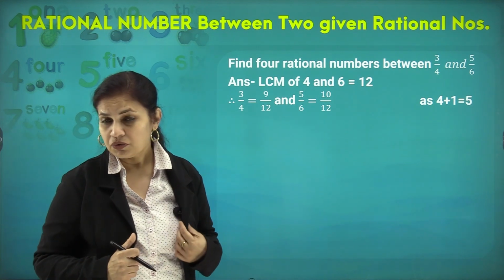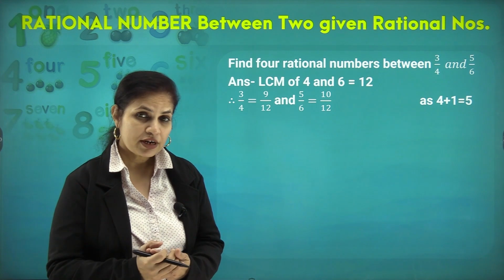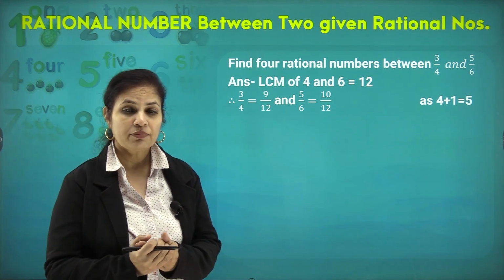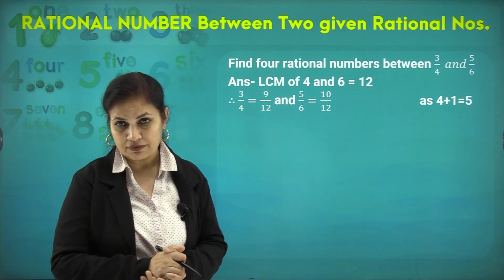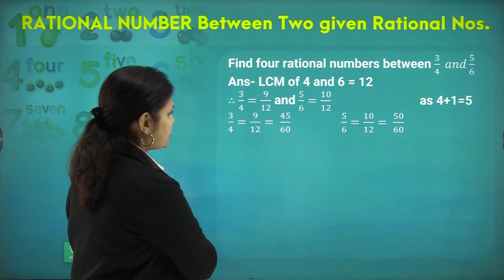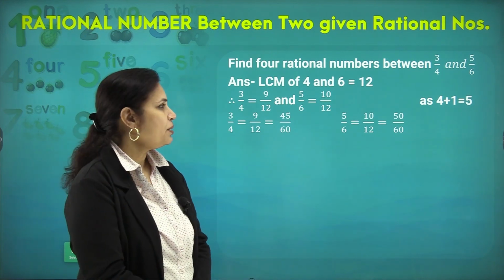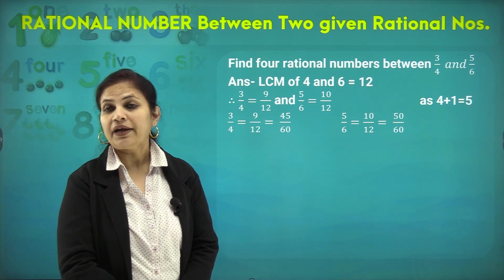But as I told you in method 2, if I have to find 4 rational numbers, I have to make the denominator 5. But here it is not possible to make the denominator 5 because 12 is already greater than 5. Then what to do in this case? In this case, we'll multiply the denominator of both the fractions by 5.